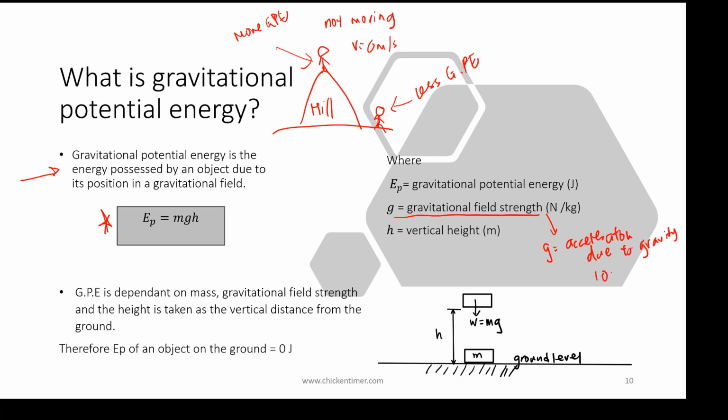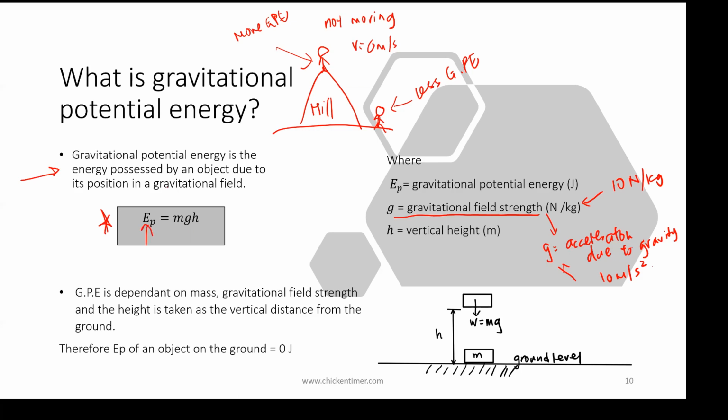This g value is always 10 meters per second squared. In this case, it's always 10 newtons per kilogram. These two refer to the same thing. So g is gravitational field strength or acceleration due to gravity.